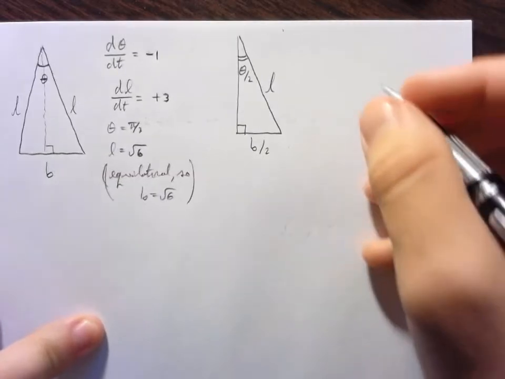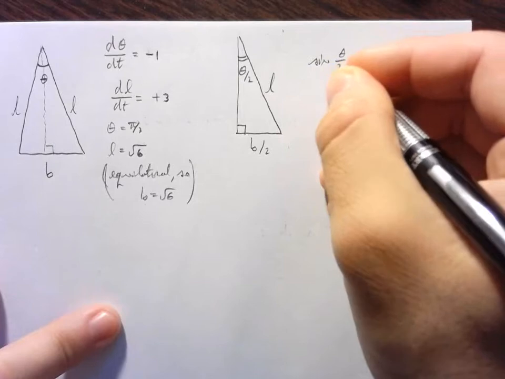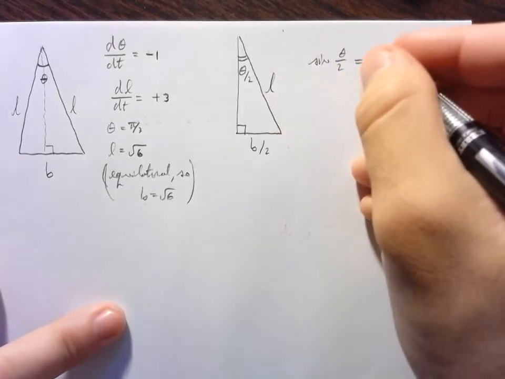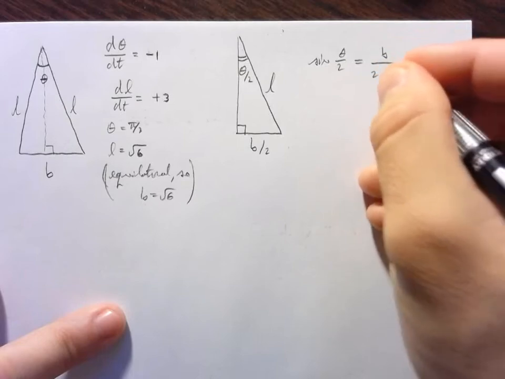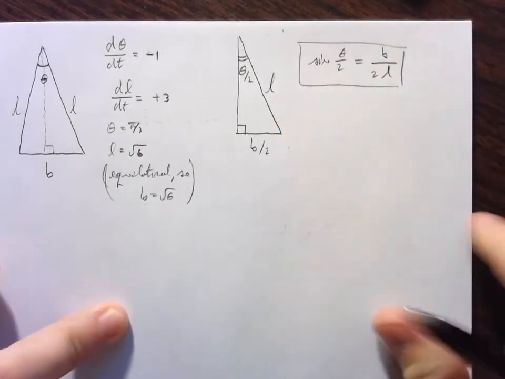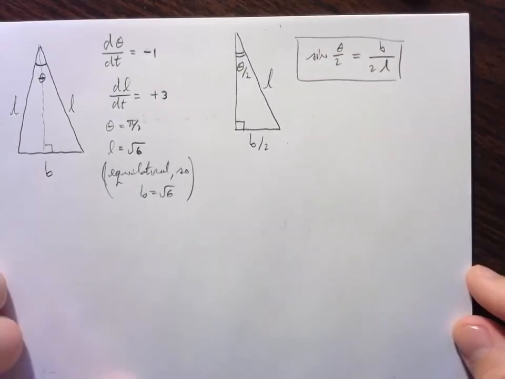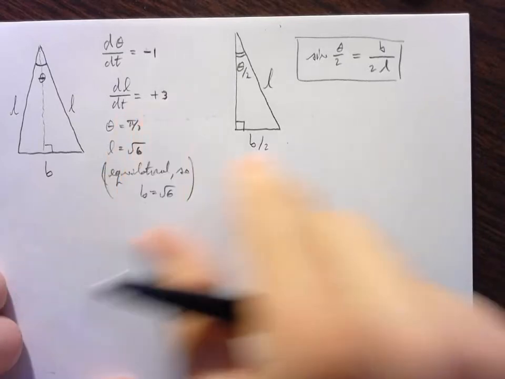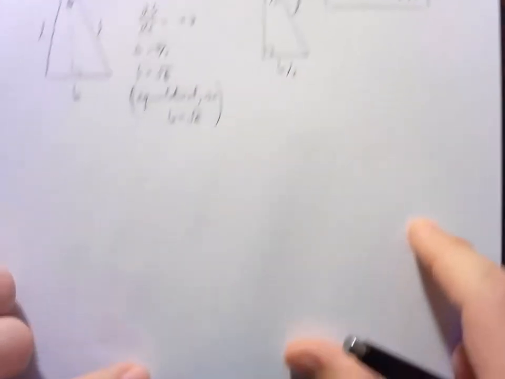So I can start with the equation sine of theta over 2 equals B over 2 divided by L, so just B over 2L. And that's the equation that relates all three variables. And since I want to find the rate of change of the length, let's take the derivative of this with respect to t.